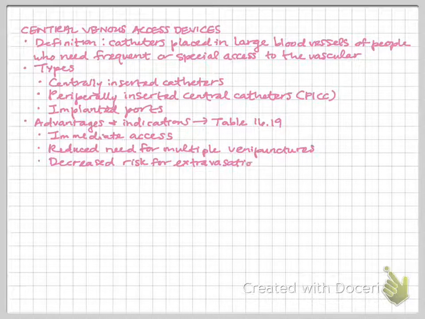So, for example, if someone was receiving chemotherapy through just a regular peripheral IV in the arm, if that extravasates, chemotherapeutic drugs are very destructive when it comes to tissues. There's a decreased risk of that when you have a larger catheter going into a larger vessel, which will always be a vein when we're talking about these central venous access devices.